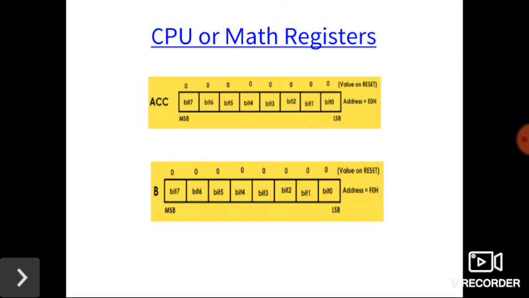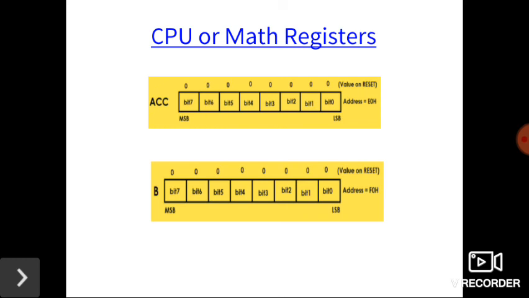The accumulator, or register A, is the most used of the 8051 microcontroller special function registers. A is located at the address E0H in the SFR memory space.